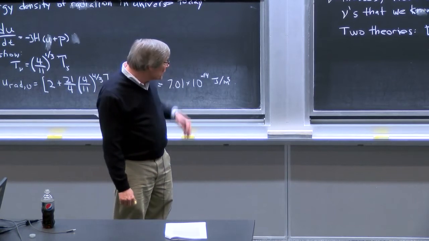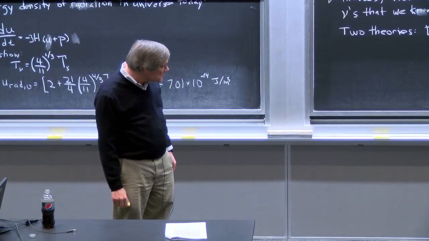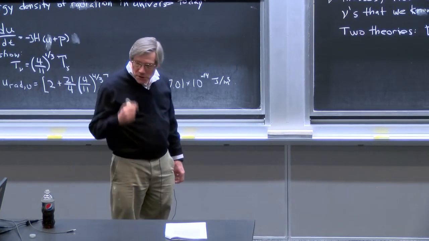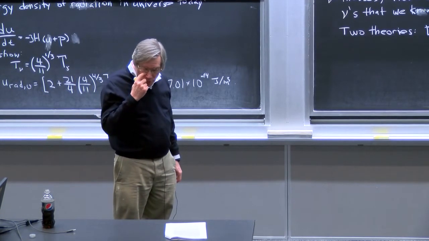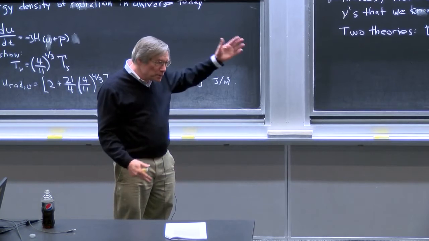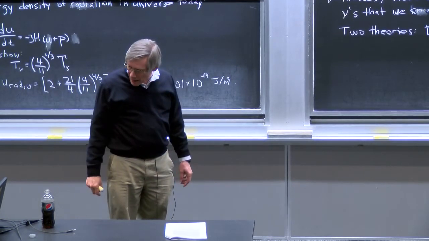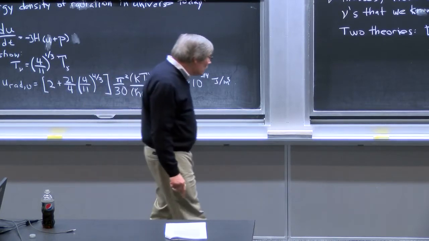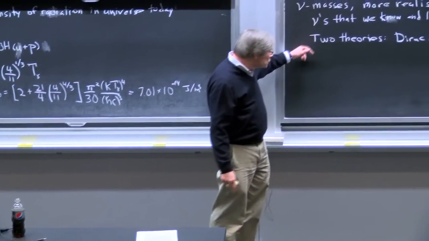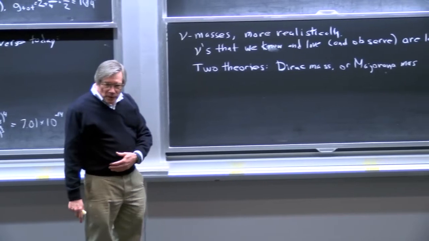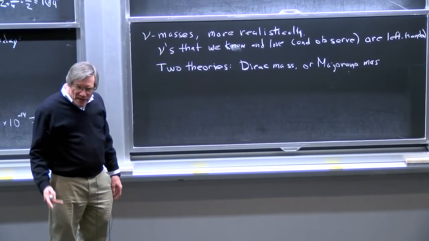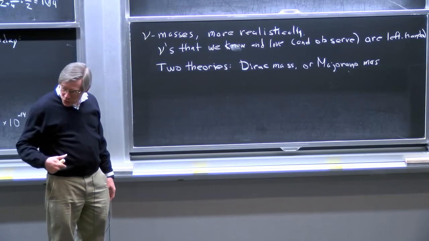So if the neutrinos have a Dirac mass, it really would mean that there are right-handed neutrinos, which are a new species of particle that we haven't seen yet, but which would be implied by the existence of this mass. The catch is that because of the very peculiar way that the neutrinos interact, it is possible for the right-handed neutrinos to interact vastly more weakly than the left-handed neutrinos.